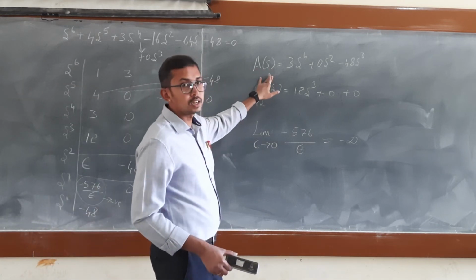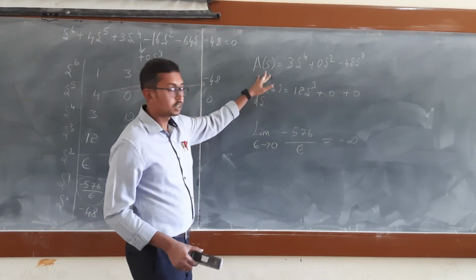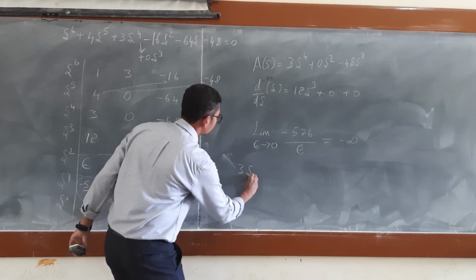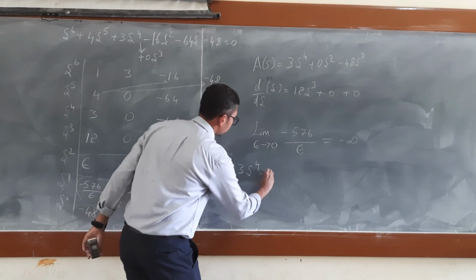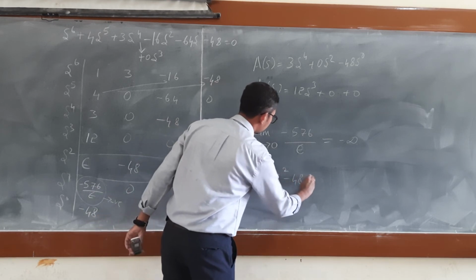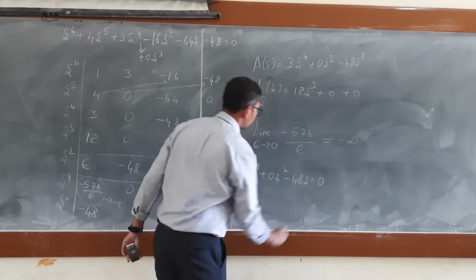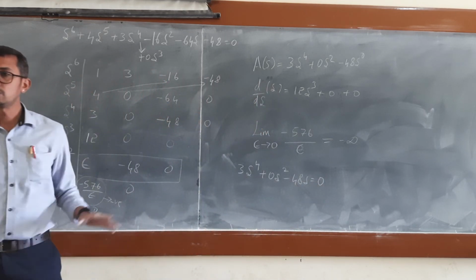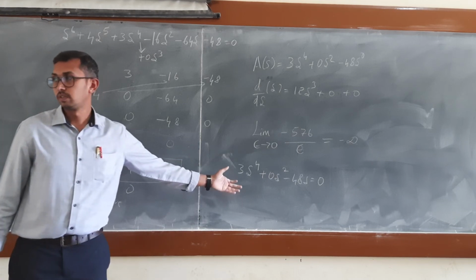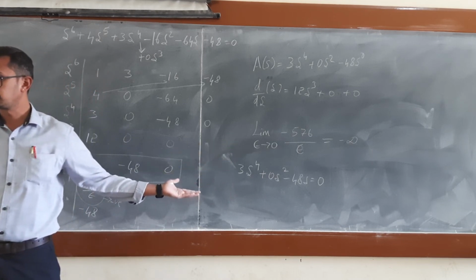This itself is an auxiliary equation, right? So the auxiliary equation is 3s to the power of 4 plus 0s square minus 48 is equal to 0. Why? To find out the roots, whether positive or negative.